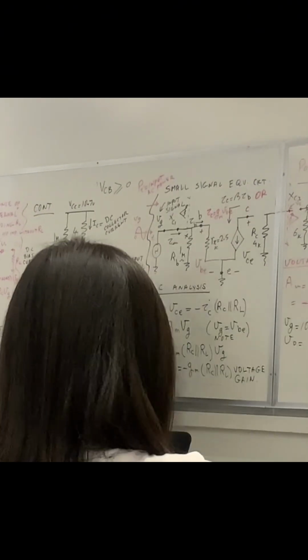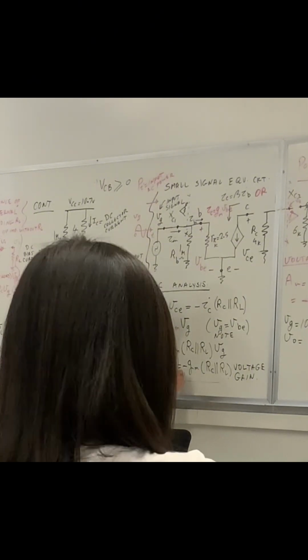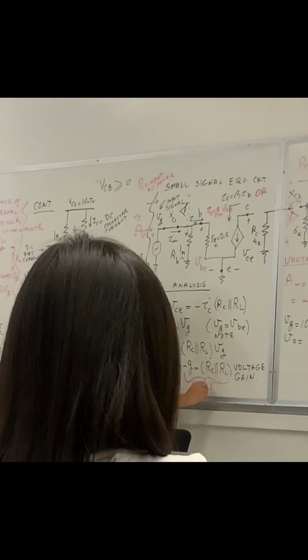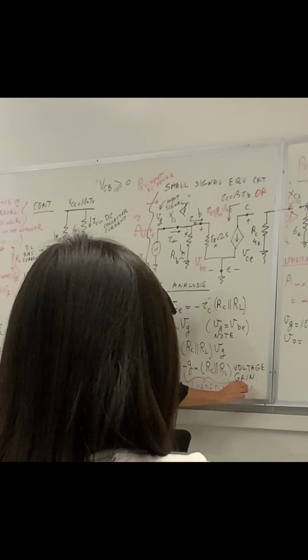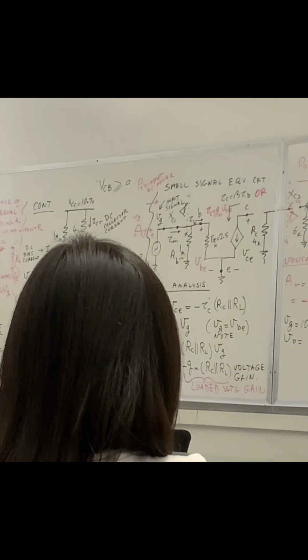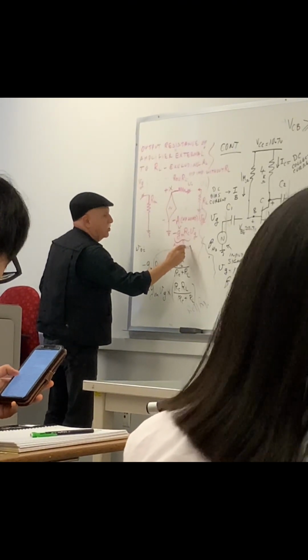Let's write it down. So this is called loaded voltage gain. This is AV unloaded.